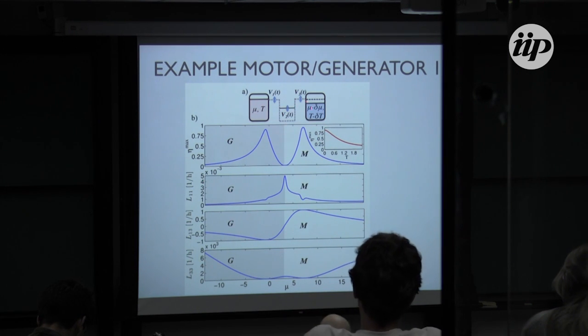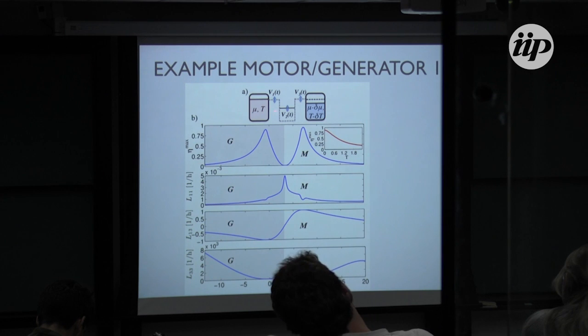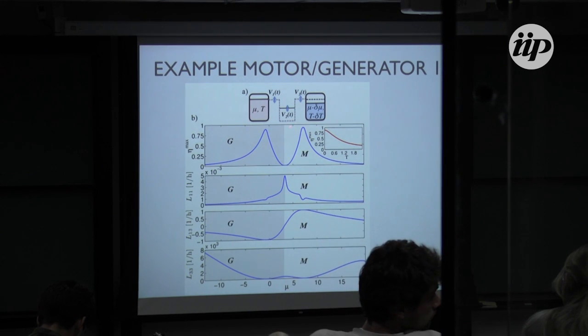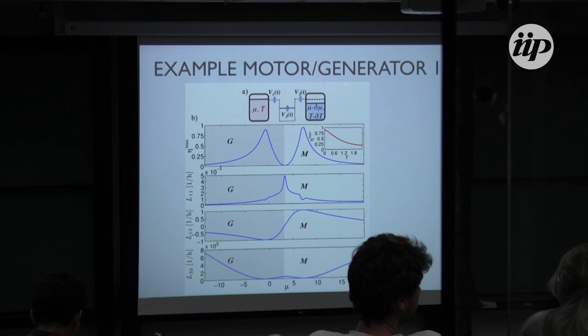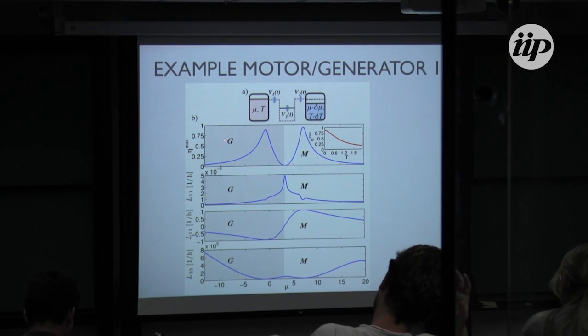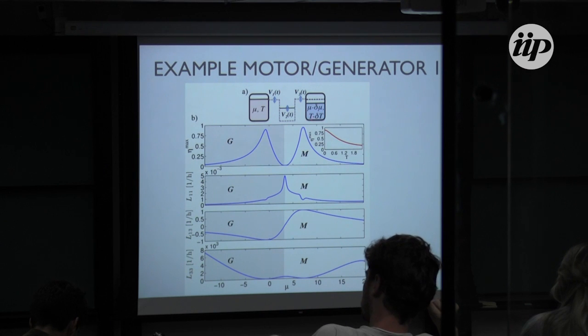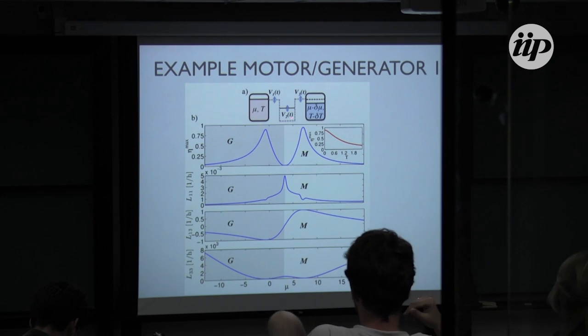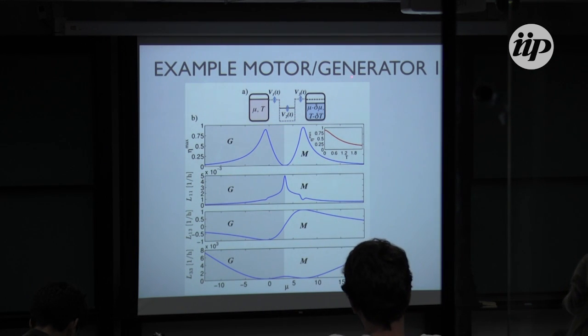We don't need this central gate voltage in order to have pumping, because usually to get adiabatic pumping we need two parameters. We already have the two parameters with these two. But we include this in order to engineer the operational mode and to get the maximum efficiency.